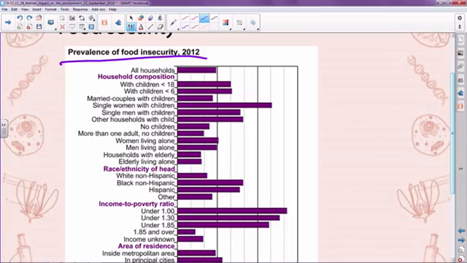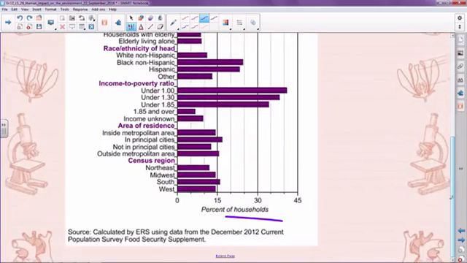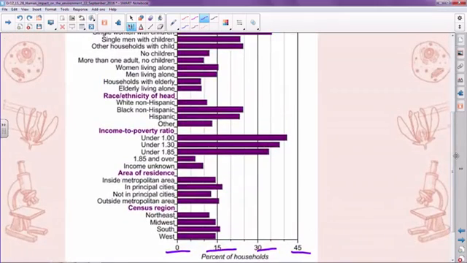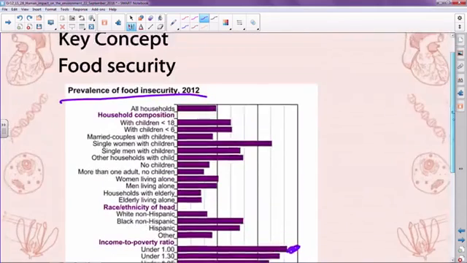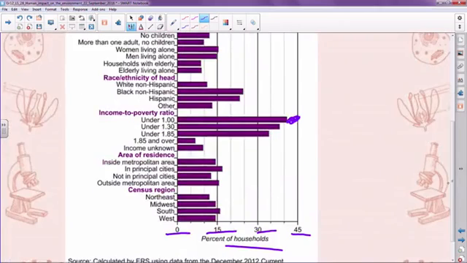So if we have a look, 0, 15, 30, and 45. Okay, remember that's percent. And if I have a look, income to income ratio, we have a lot more here. The more money you get, the more security you've got. The less money, the less you've got. This tells you what food and how we use it. Okay, so it was just something I was going to show you. And the more money you get, the more food you're going to buy all the time.